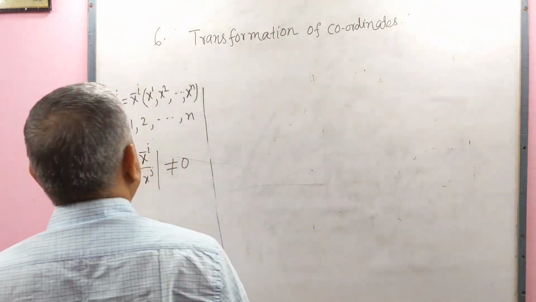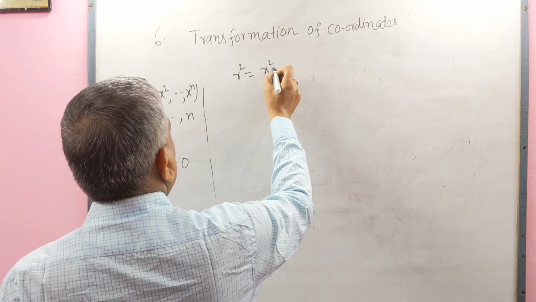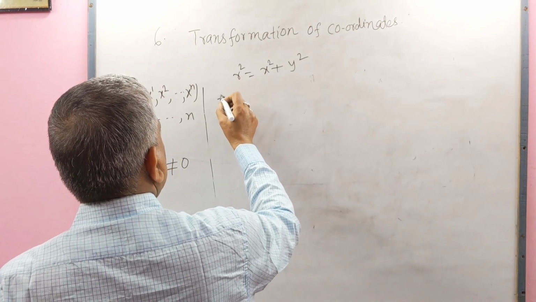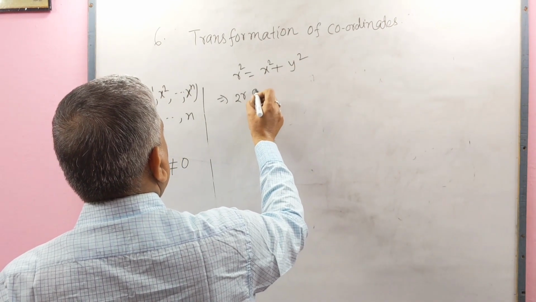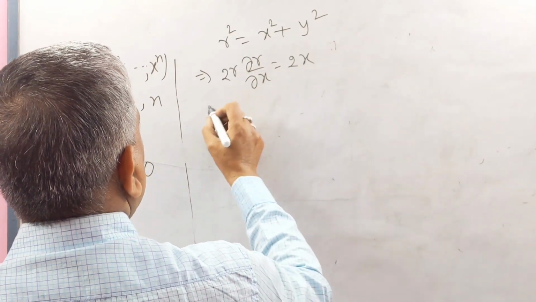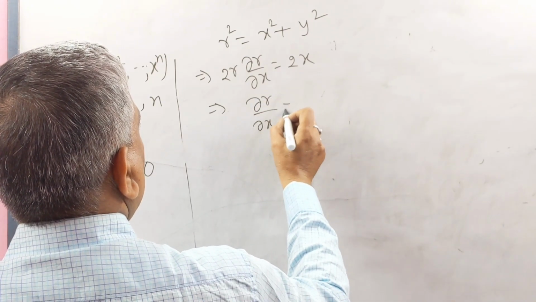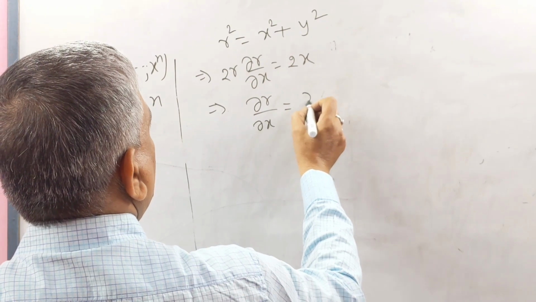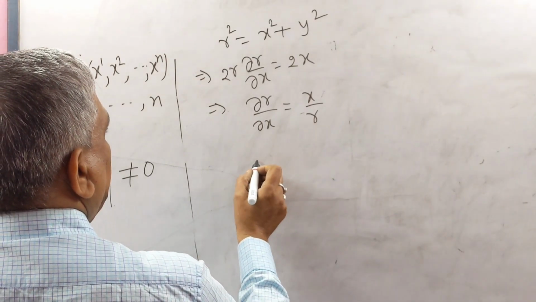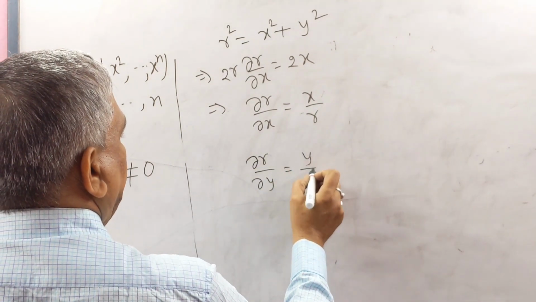As we know, r square equals x square plus y square, which implies 2r del r by del x equals 2x, which implies del r by del x equals x by r. Similarly, del r by del y equals y by r.